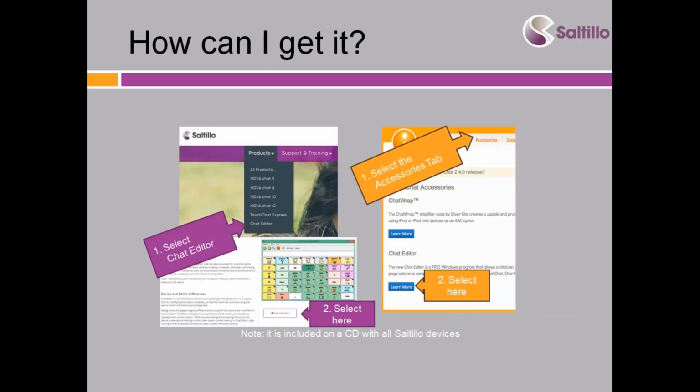These actually go exactly to the same link. So you either get it on the Saltillo website, you go to Chat Editor and select here, or you go to the TouchChat website and you go under accessories and select here, and it's the exact same software that goes onto your PC computer.